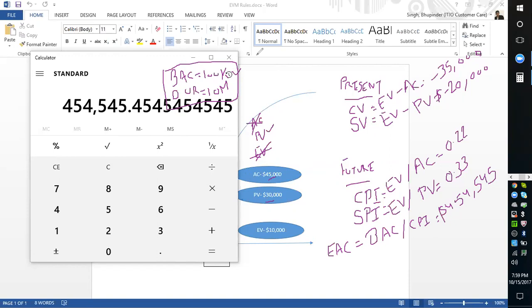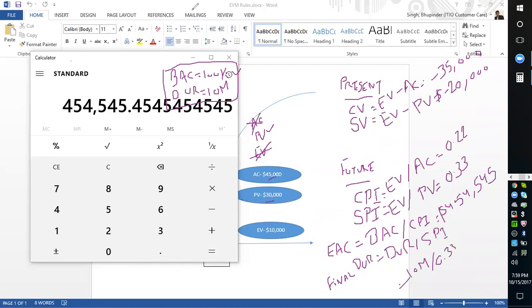How about time? How do we calculate for time? So time is called the final duration. Final duration will be the duration that you have planned for, divided by SPI, Schedule Performance Index, which was 10 months divided by 0.33.